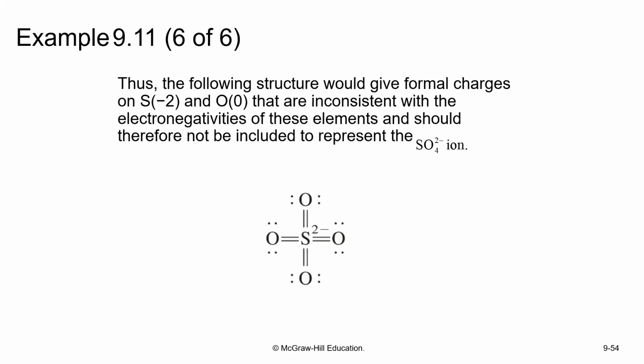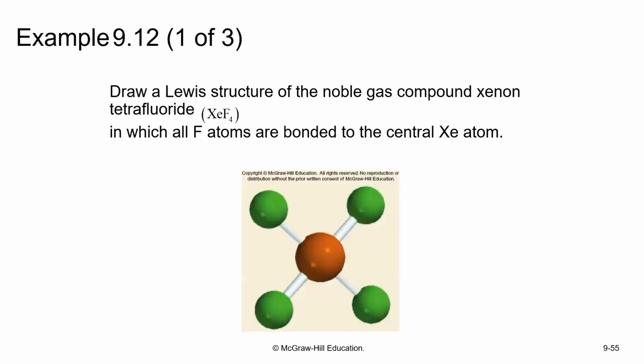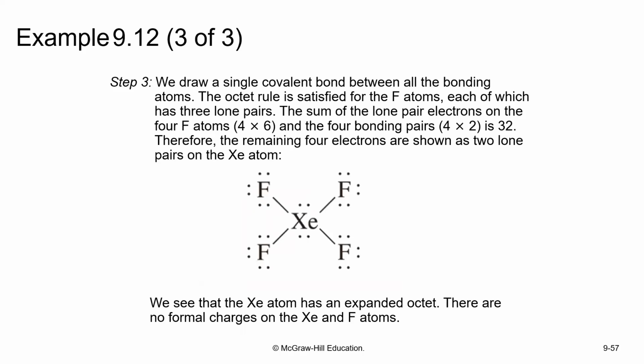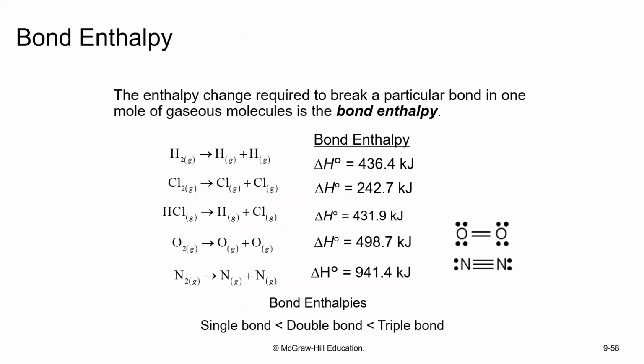But we want to know that we could have a -2 in the sulfate. We can have an expanded octet. Again, we'll see some weird compounds like this in week 15. So don't panic too much. We just want to have the Lewis structures help us. And you can have some compounds with xenon. So xenon can do this. And again, it can have an expanded octet. So we're going to see some expanded octets. We just kind of want to know what bond enthalpy is so we can use it.